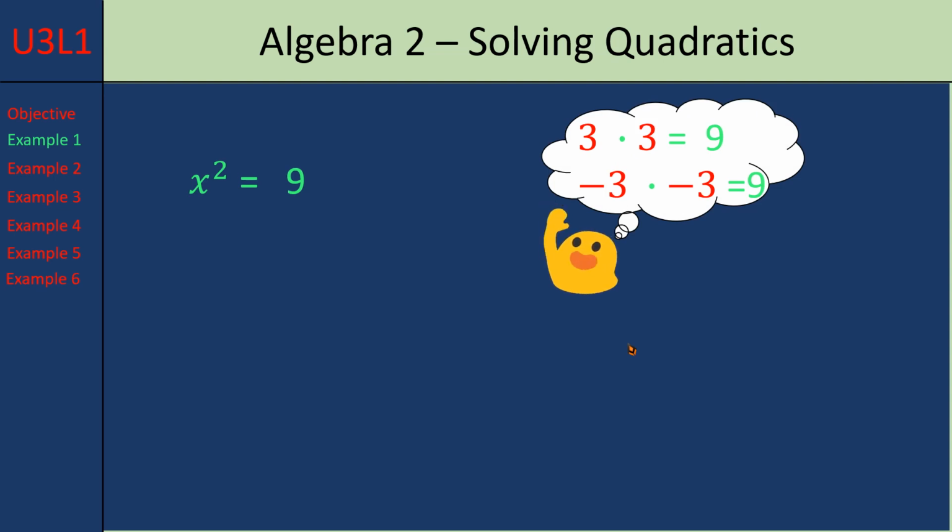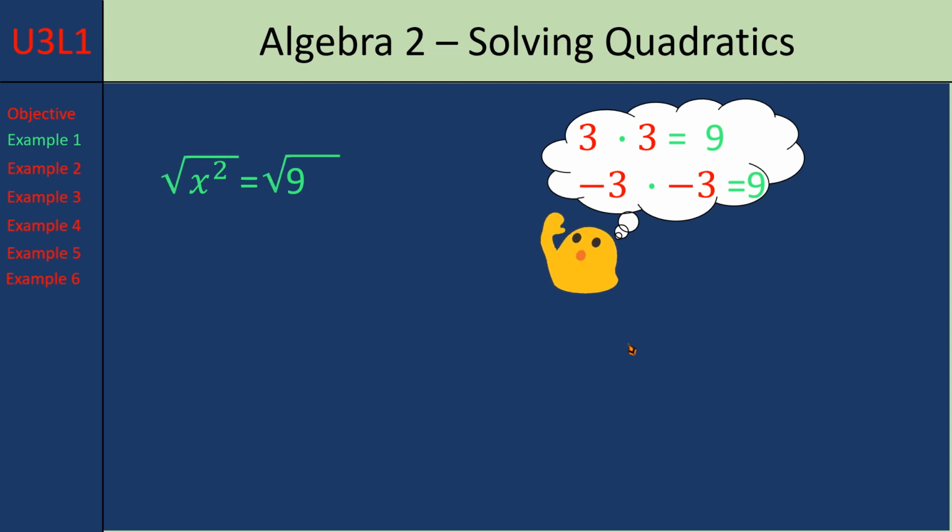A lot of times you're like, oh, it's 3, but it's not just 3, it's 3 and negative 3, because negative 3 times negative 3 is also 9. The process we just thought about is called square rooting, the opposite of square. When you're trying to think of a number that multiplies by itself to get a number, we're doing the square root.